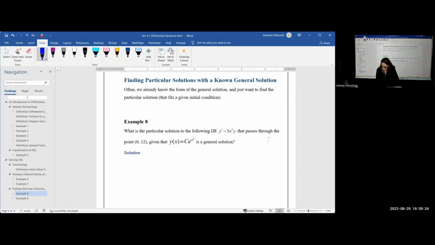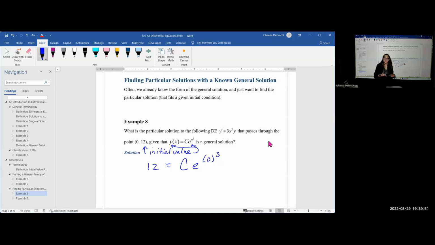So we're told to use the general solution and the initial value. And we're going to substitute the initial value into the equation. So we replace the y here with 12, and we replace the x with 0.